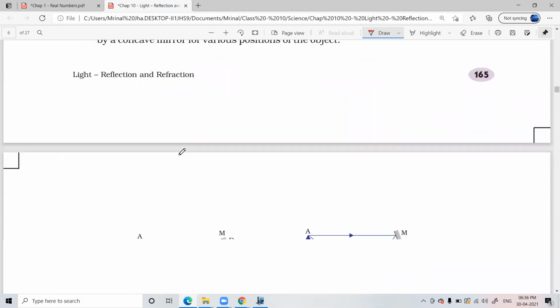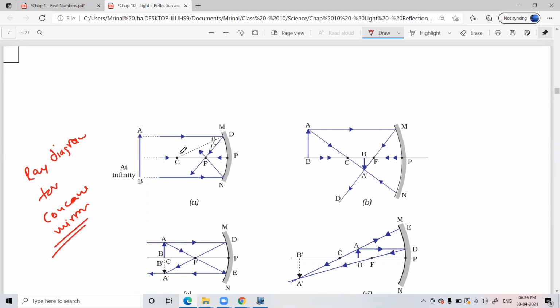Now we will not just have the mirror and light thrown at it, but we will have some object also. As you can see, this object has been represented like an arrow. So in a ray diagram, this AB, what you see here, this is your object.